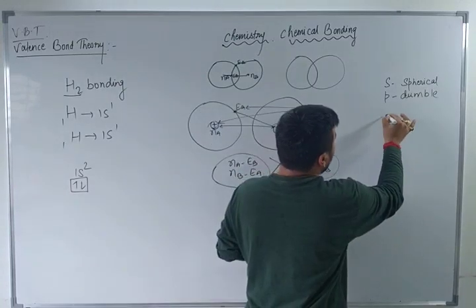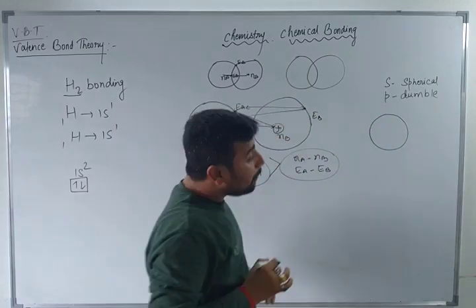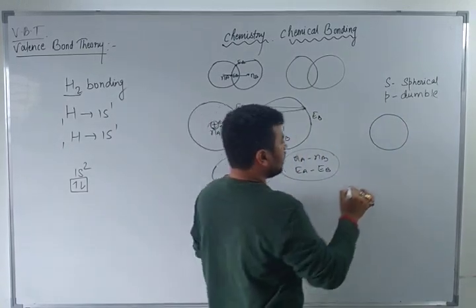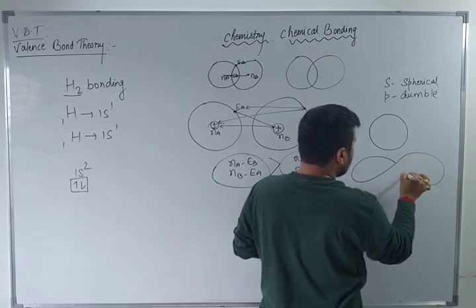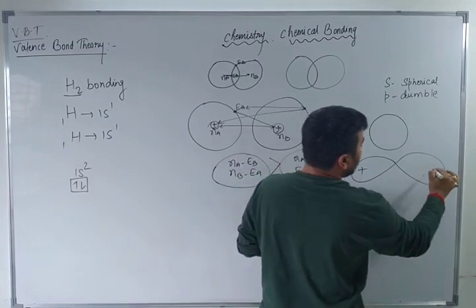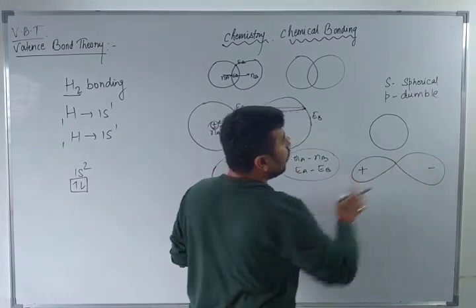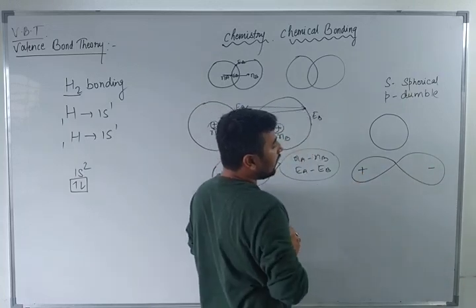So the s orbital is spherical and the p orbital is dumbbell shaped, shaped like this. One will be a positive lobe and another will be negative. These two are called the lobes, the dumbbell. In the dumbbell, one side is the positive lobe, another side is negative.